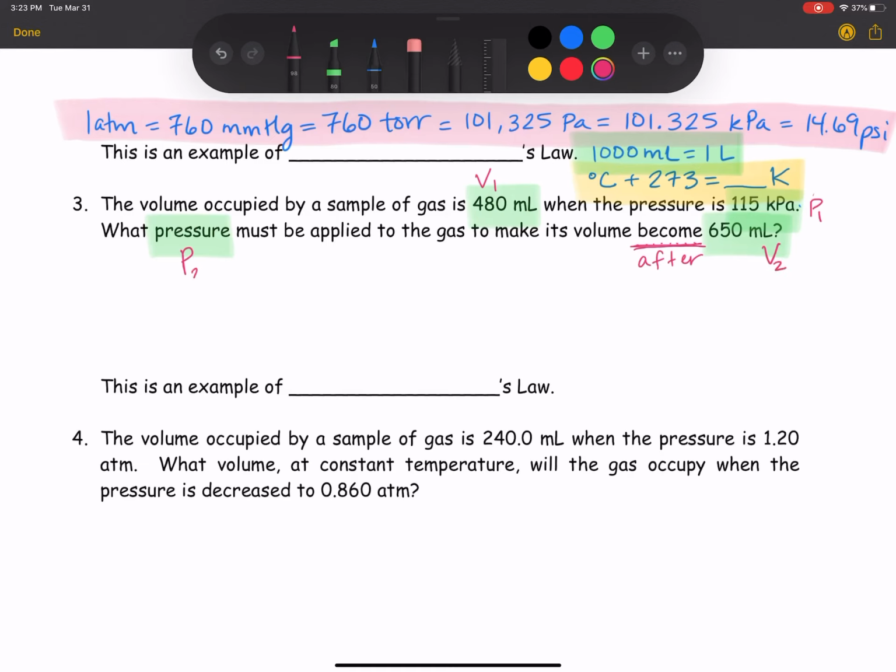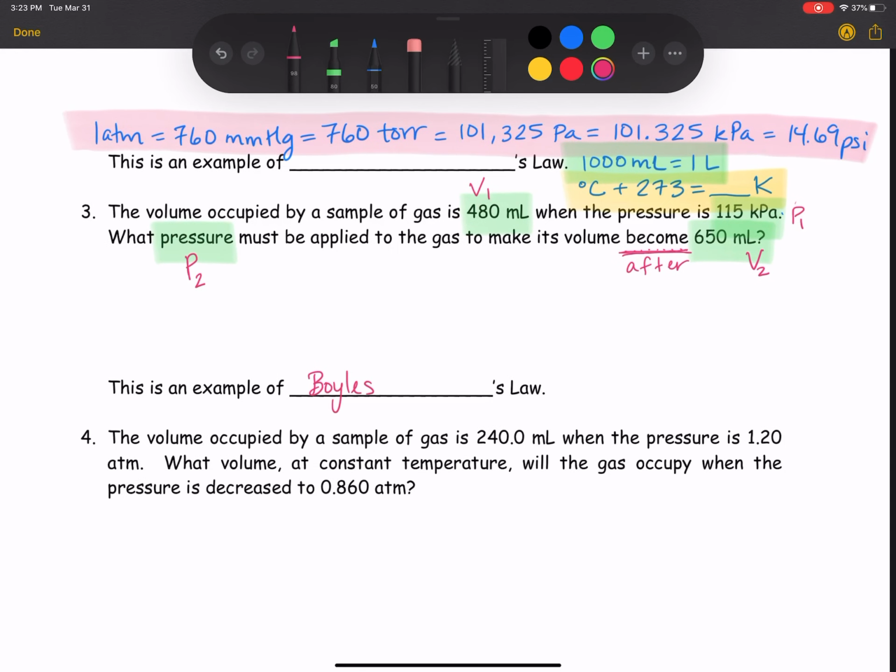I'm trying to figure out what pressure I need. So now I know who's my V1 P1 and who's my P2 V2. The only formula that has both volume and pressure is Boyle's law. So I can go ahead and answer that part of the question.